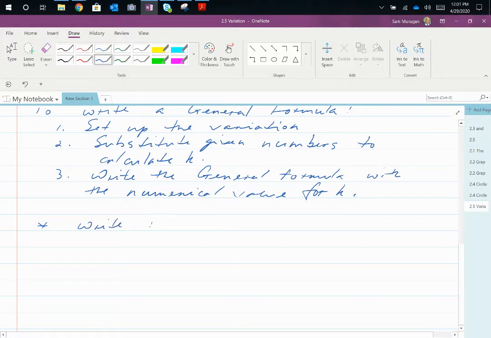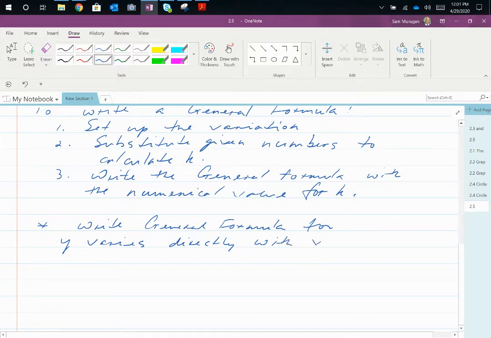Write the general formula for y varies directly with x, given y is equal to 6 when x is equal to 18.